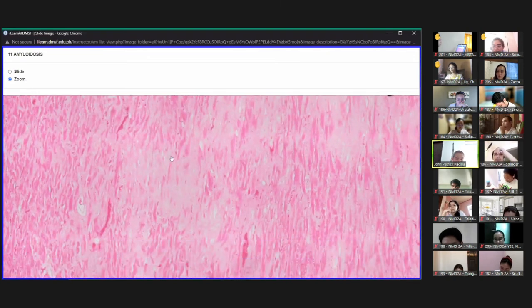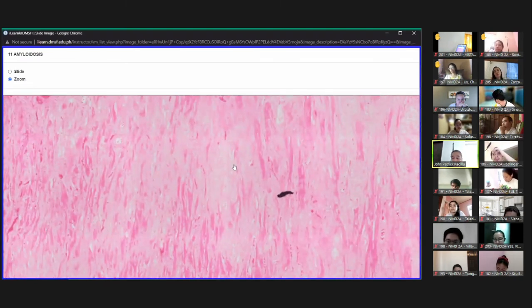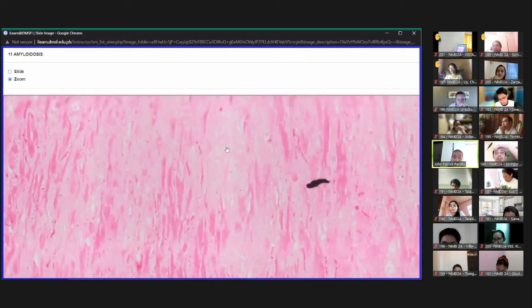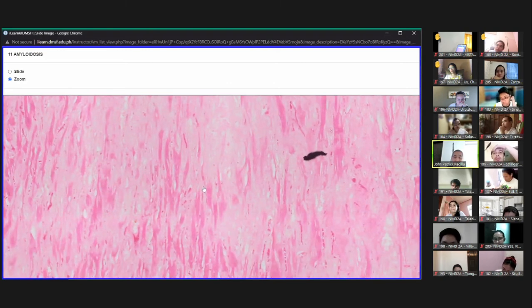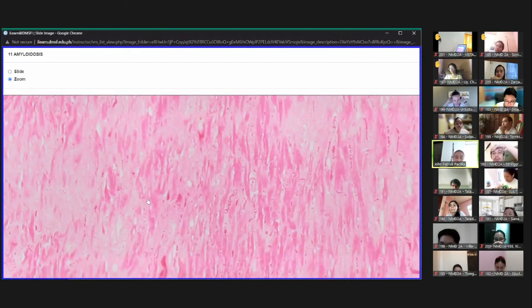But in this case, you have areas that seem fibrotic. That's why you have to differentiate this one from myocardial infarction, 8 to 10 days. So we have here the separation of cardiac myocytes.